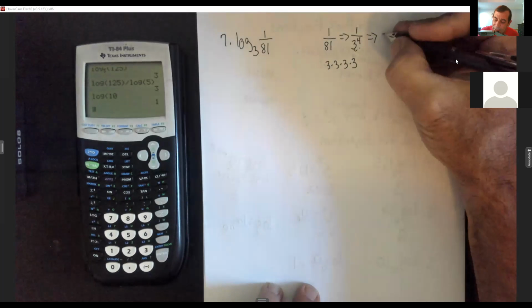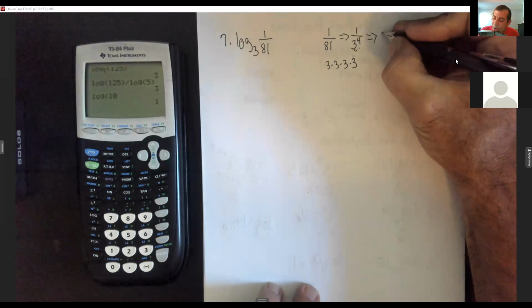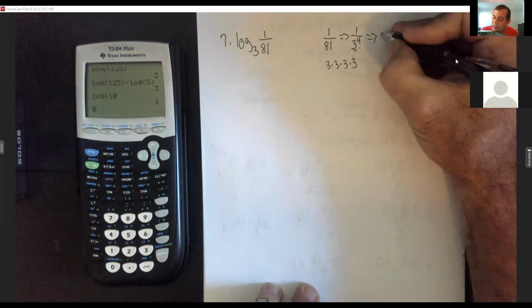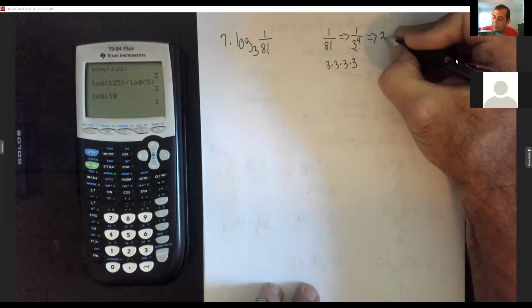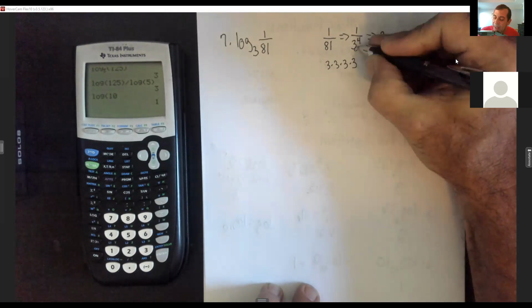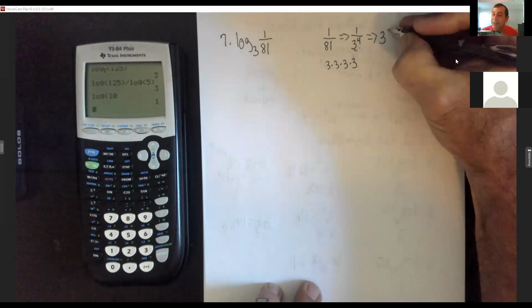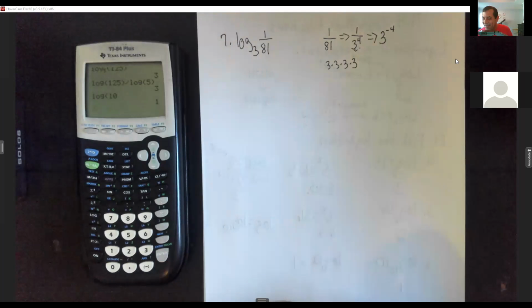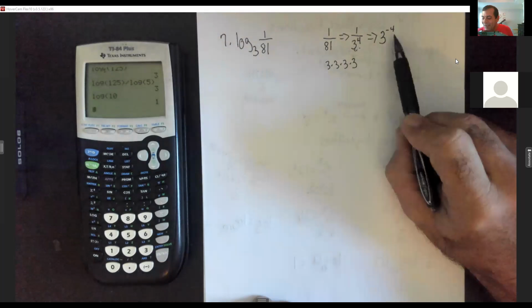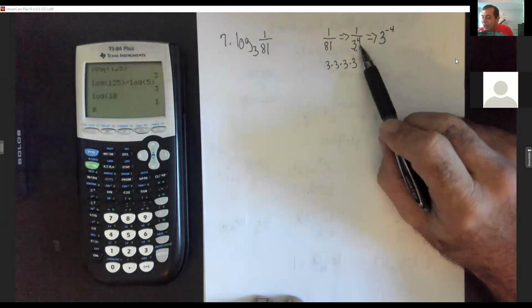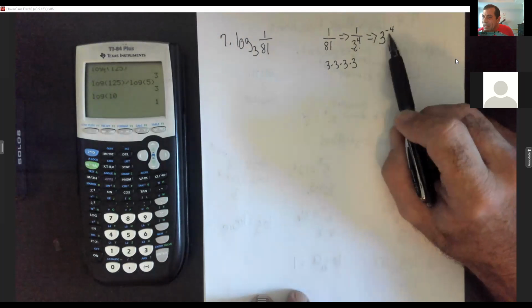You're on sort of the right track, but what's going to happen when I move these exponents up, I change their sign. That's the only thing we changed, the sign of the exponent.